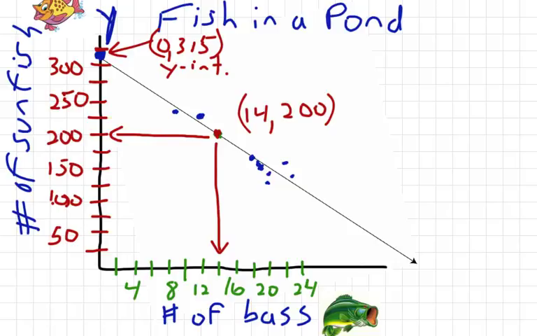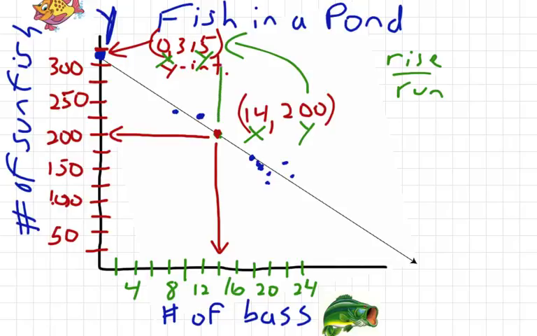14, 200. So how much do I rise and how much do I run? Well, you could just think, how do you get from 200 to 315? That's my y value. My y and my x. You just go up 115, right? So if I were just to write rise over run, I can just say, okay, I'm going to rise 115 to get there.